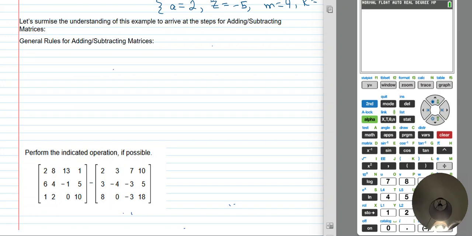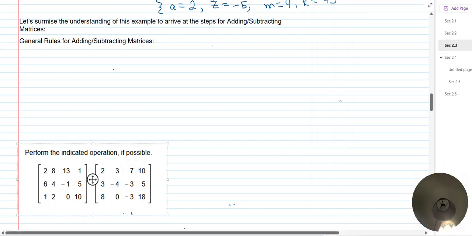Okay, as we start to look back at what we've learned, we're going to surmise what we've come to see working and not working for matrix addition or subtraction. So, what was the first thing we learned?